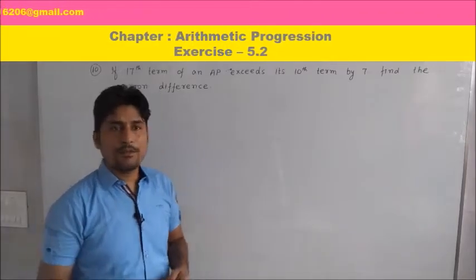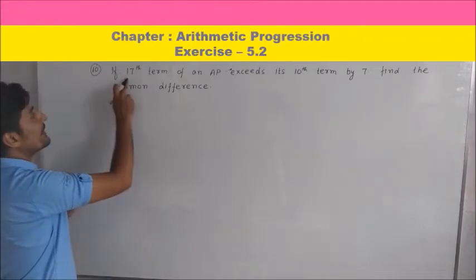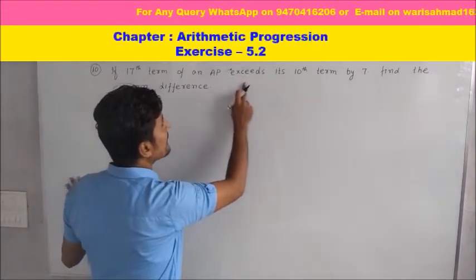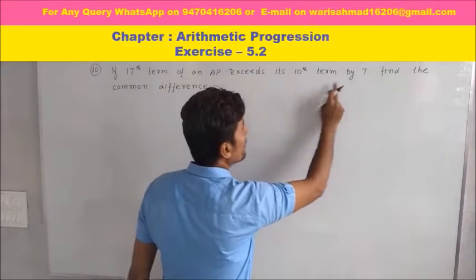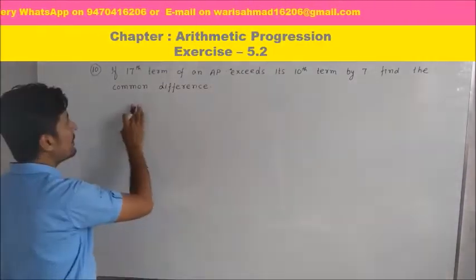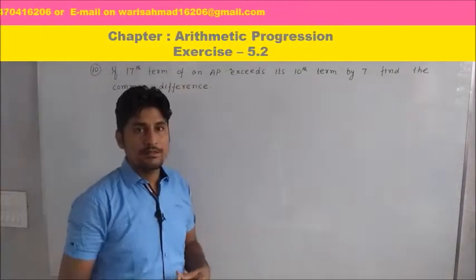Now let us see question number 10. If the 17th term of an AP exceeds its 10th term by 7, then we have to find the common difference.